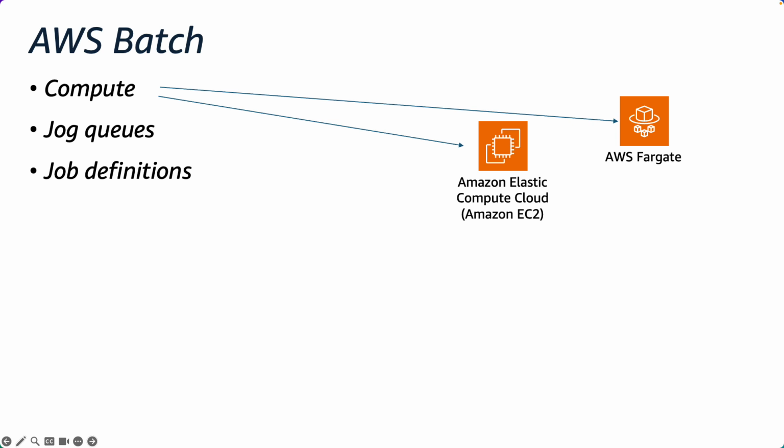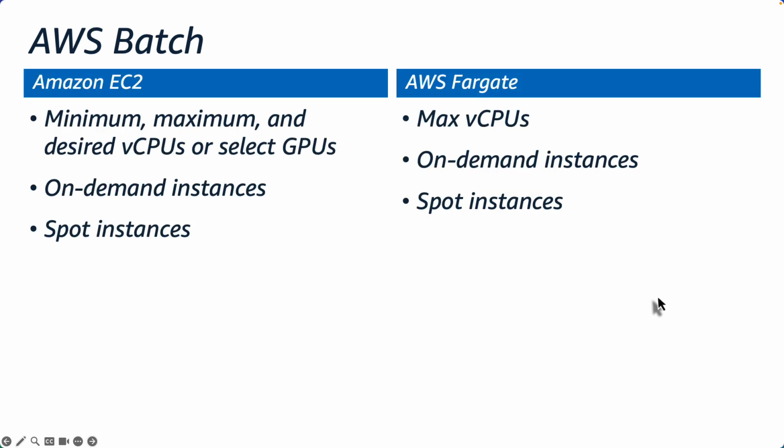And the components of AWS Batch are the compute environments, job queues for prioritization, and job definitions, which are descriptions of what we want the job to look like. The options for AWS Batch compute environments are Fargate and EC2.